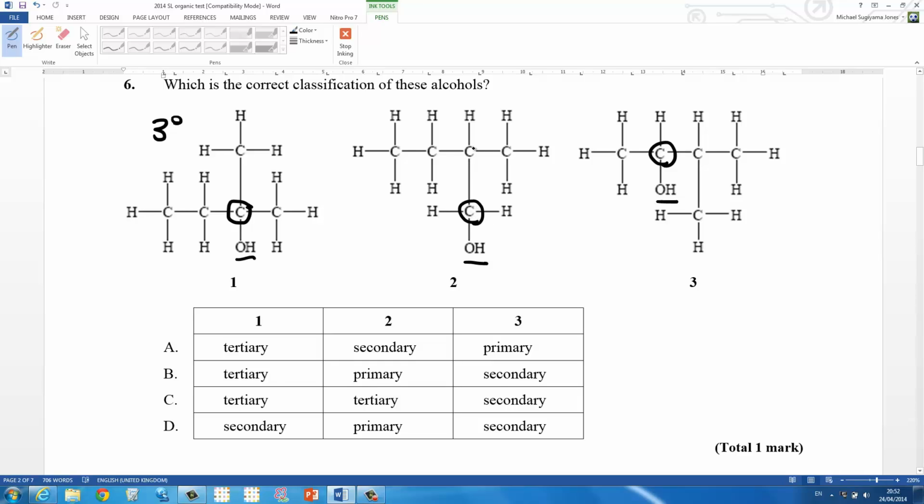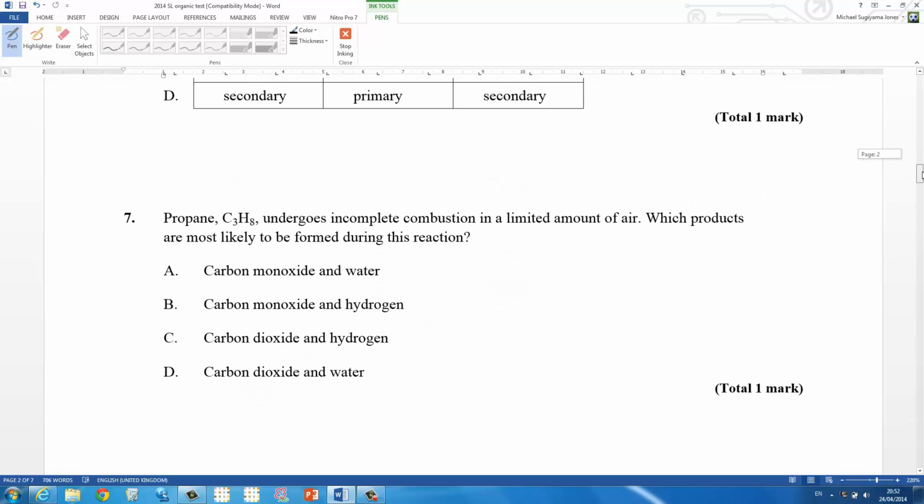This one has 1 other carbon and 2 other hydrogens. That makes it primary. And this one has 2 other carbons and 1 hydrogen. So that's secondary. So the correct order is, number 1 is tertiary, number 2 is primary, and number 3 is secondary. So the correct order here is B.